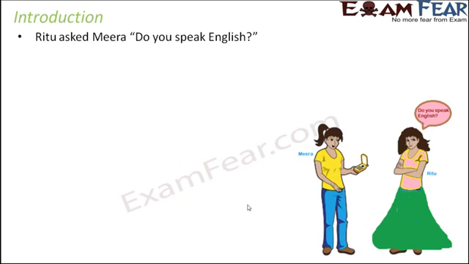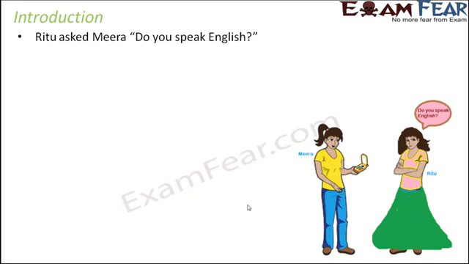Now, there are two ways in which a conversation can happen. One way is the speaker himself or herself speaks out whatever he or she wants to say or ask. For example, in this case, Ritu is the one who is asking something.